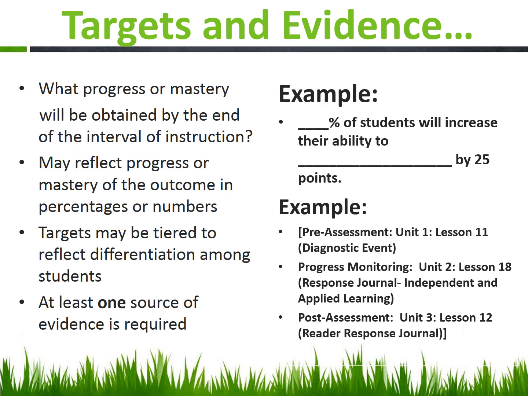It just depends on your content, but you may want to think about what skill in particular you want students to be able to master. And then think about how long you need for that. Is it an entire unit? Is it something that you're going to be able to do quickly? But you need to be able to pre-assess it, monitor it using any kind of sources or tests or assessments that you have, classwork assignments, but then also have a post-assessment to show you whether or not students have been able to master that goal.